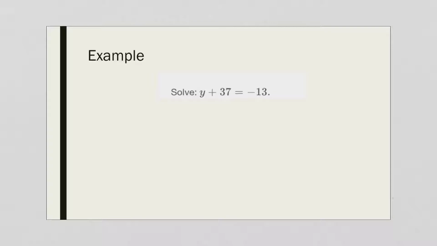Well, it's being added by 37. So what do you have to do to undo addition? You have to subtract that number from both sides. So this cancels. Positive 37 minus 37 creates 0. That's what you wanted to do. And now I've got negative 13 minus 37, which is negative 50. So now that's my solution for y.